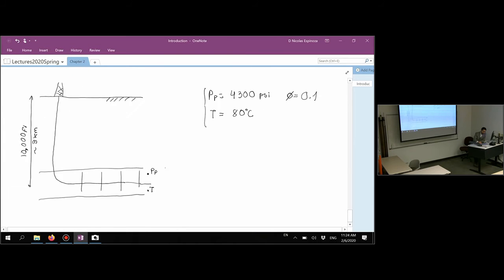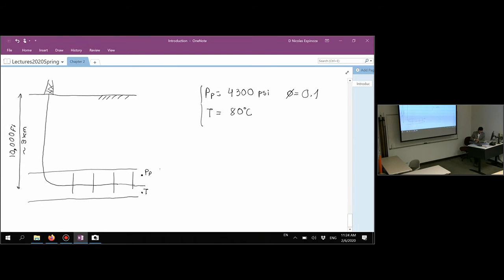And when we have a property that we can define just with one number, that's what we call in mathematics a scalar quantity, because it just can be defined with one number and it doesn't have any directionality.